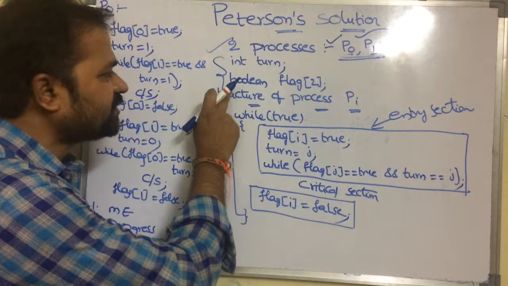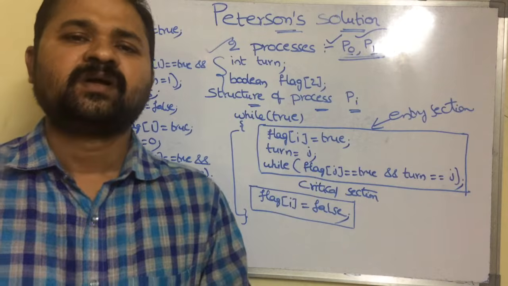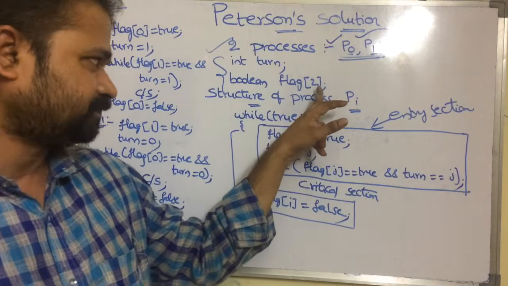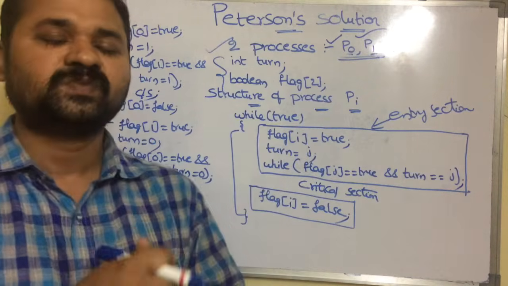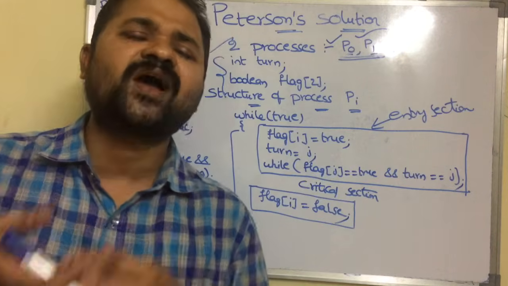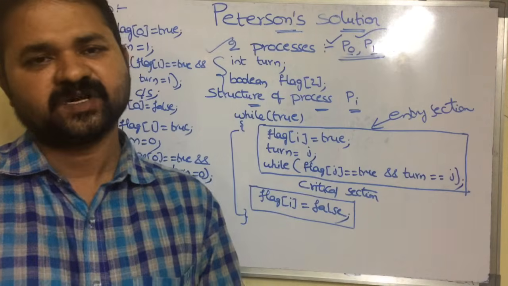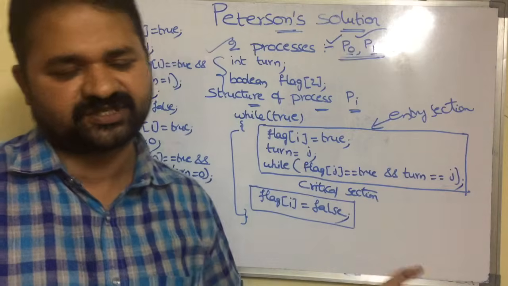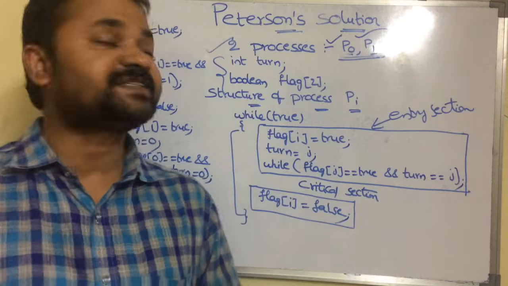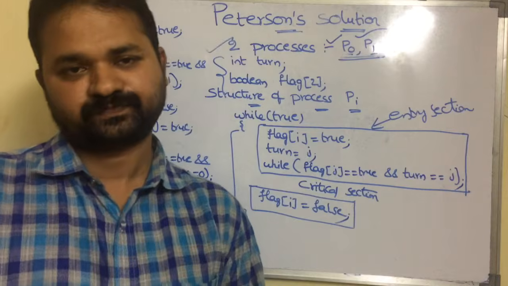Now let's see the next data structure. Boolean flag of 2. Boolean means it may hold either true or false. Here flag is an array. The size of the flag is 2. So that means it holds either flag of 0 value or flag of 1. So the value of flag of 0 and flag of 1 may be either true or false. Suppose if flag of 0 is true, then it specifies that the process P0 is interested to enter into the critical section.